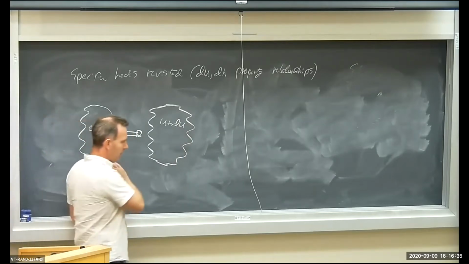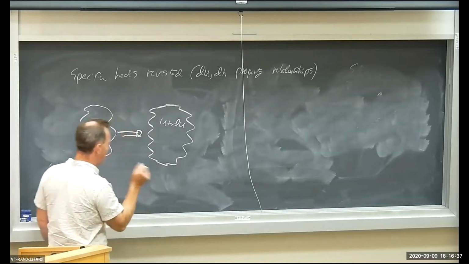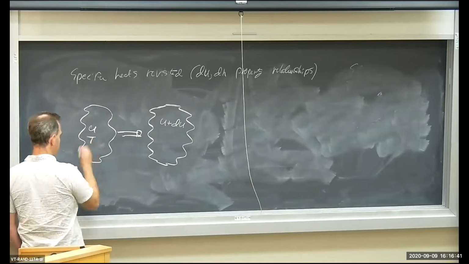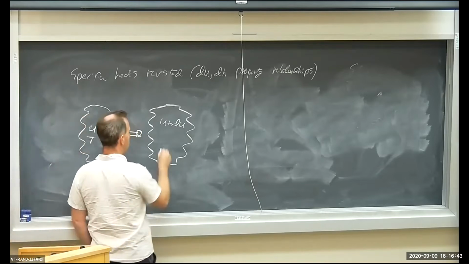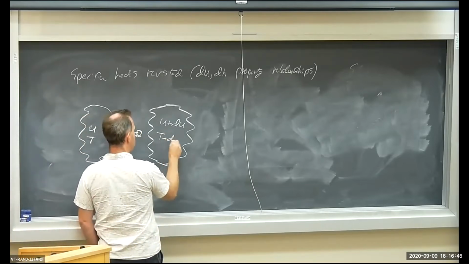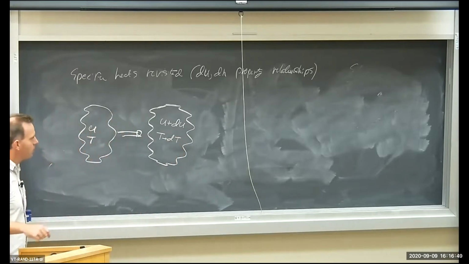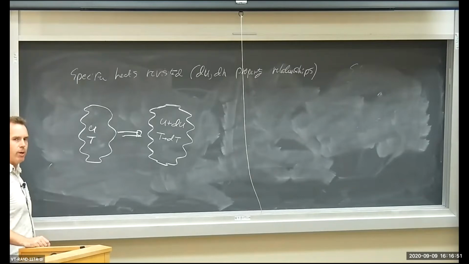The system is moving over a small change in property. Temperature starts off at temperature T and ends up at temperature T plus dT, for example. So we have a differential process going on here.